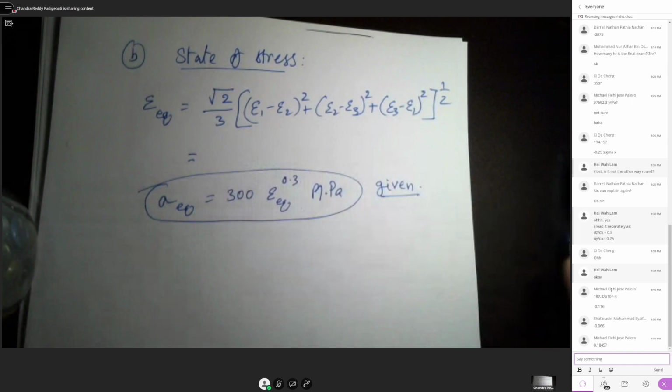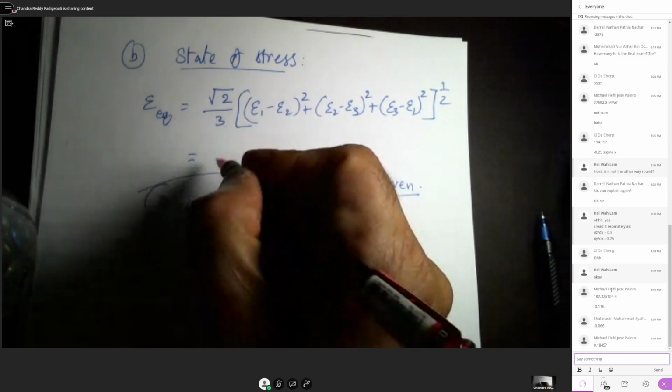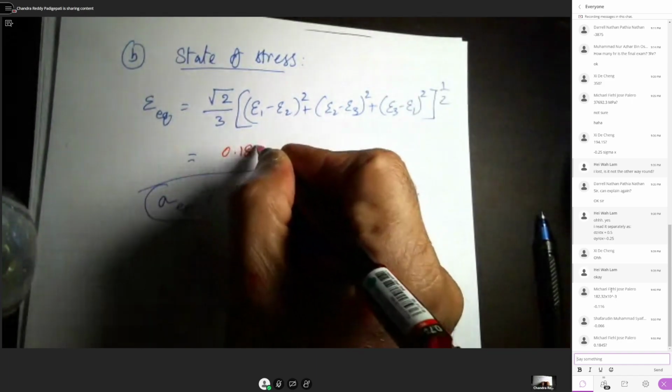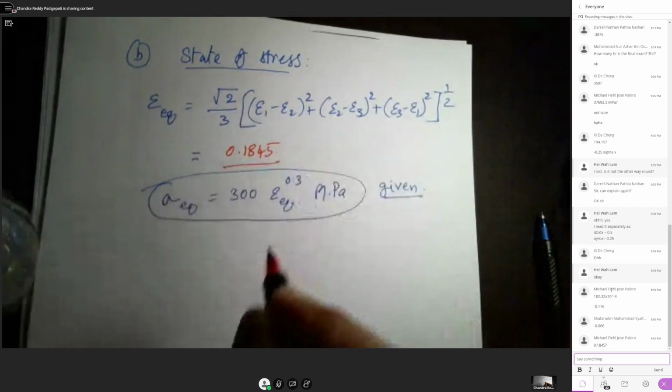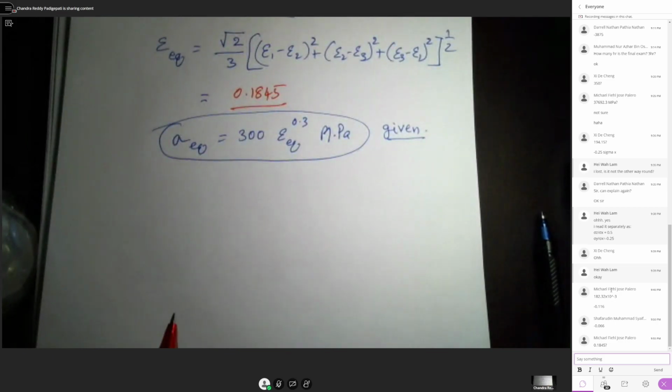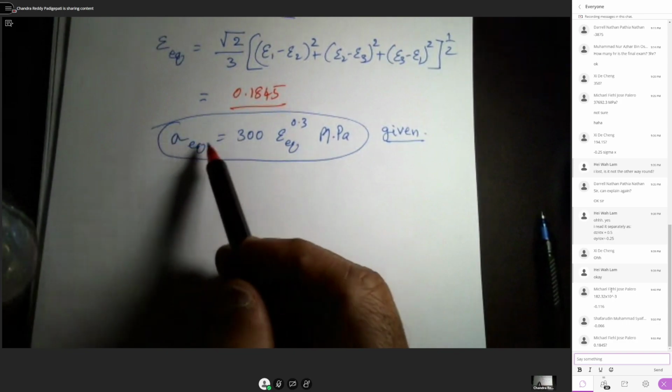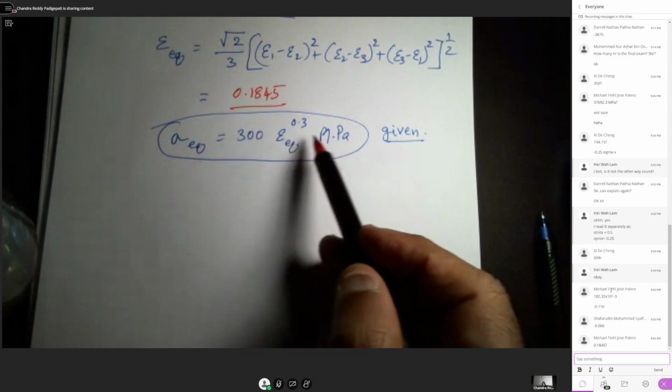So you get 0.1845. So once you calculate the equivalent strain, we know the relationship. This is given in the question.